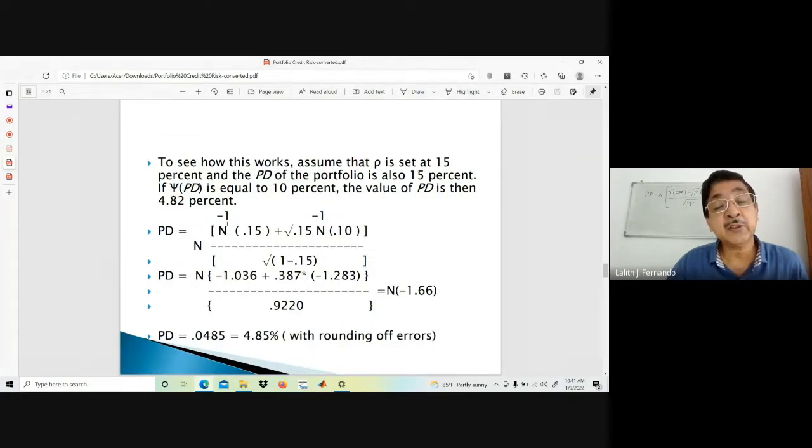What do you mean by inverse normal values? When these values are taken as percentages or probabilities, what is the Z value? That is what you mean by N to the power minus 1. I will show you how to arrive at the number. Making use of the normal curve table, we can do the calculations.